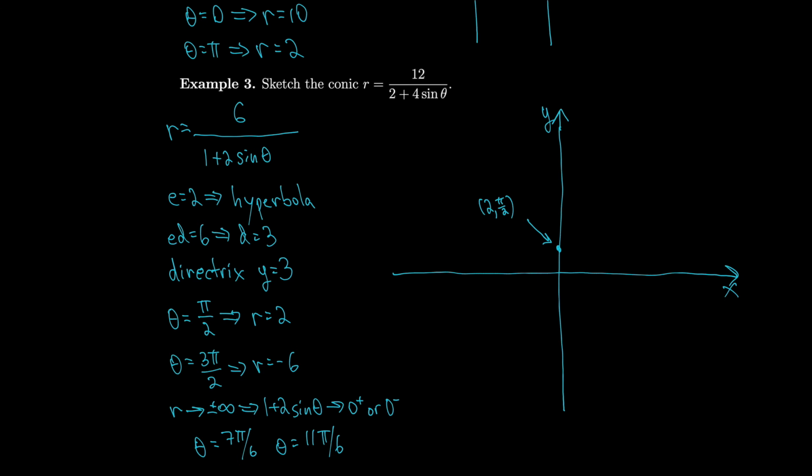So I'll put 6, pi over 2 over here, which is the same as negative 6, 3 pi over 2. And I've got my asymptotes halfway between those guys. So let's try drawing those. Something like that.